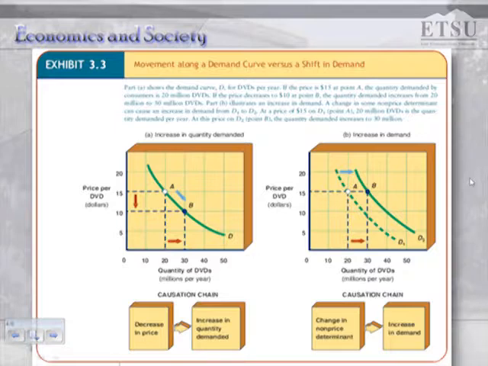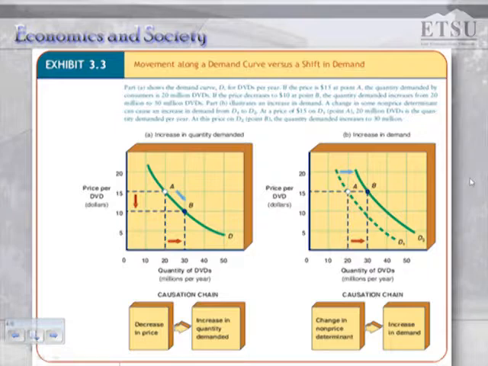Alternatively, we have some non-price determinants that we'll discuss on the next slide. A change in one of those things can increase demand, like in the panel on the right here from D1 to D2. On the first demand curve, at a price of $15, the total market demand is 20 million units per year.